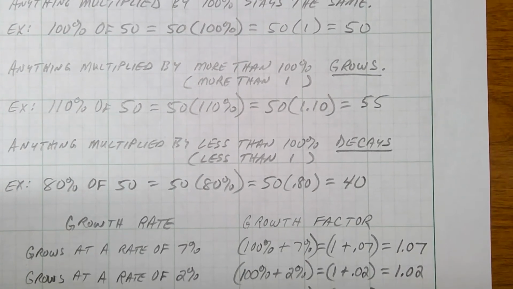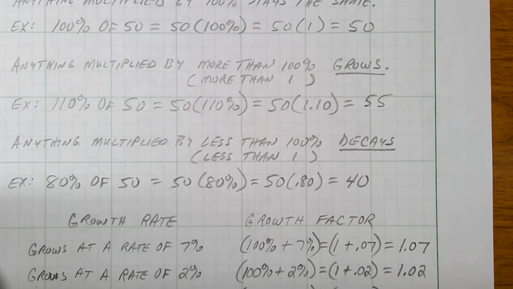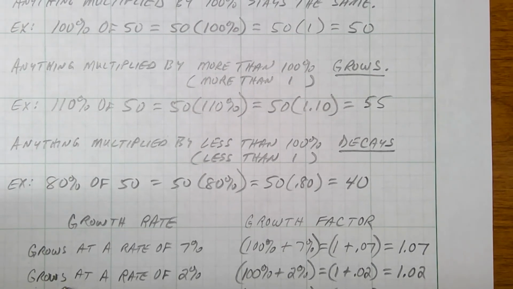Maybe they say it grows at a rate of 2%, all right? So it's growing, so I need to multiply by something bigger than 100%, specifically 100% plus another 2%. This is 1, this is 0.02. So I'm going to multiply by 1 plus 0.02, or 1.02.